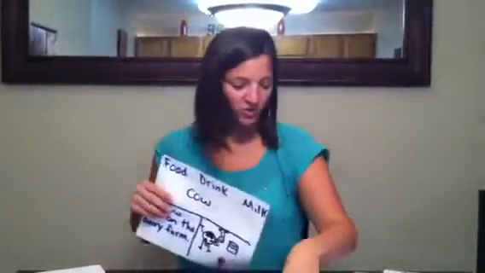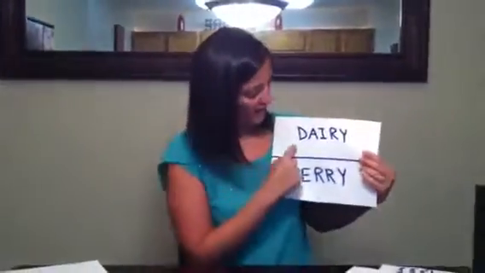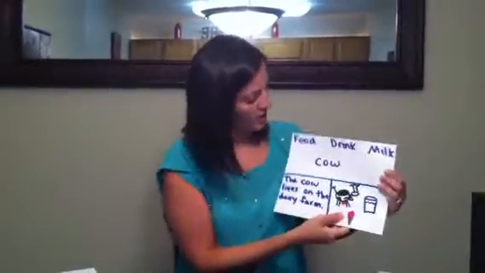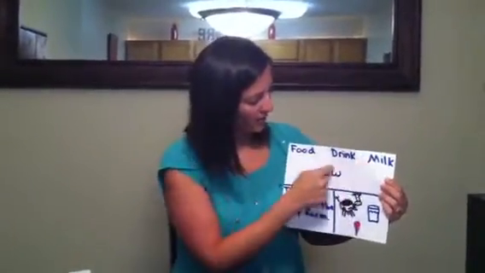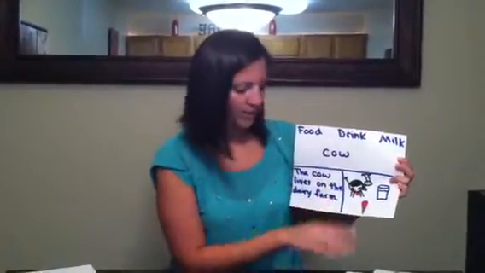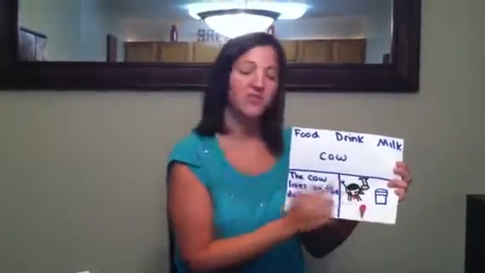So now you should have your whole paper. On the front you have the word dairy and the reminding word berry. You turn it over and you have more words that help you remember the definition of dairy, your linking story, and the picture that you've created.